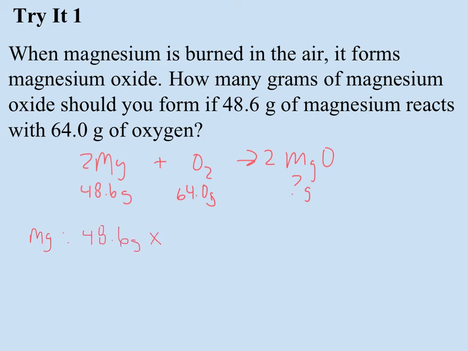So 48.6 grams of magnesium would be, 1 mole weighs 24.31 grams. So it's going to be right around 2 moles, 48.6 divided by 24.31, 1.999, so I'm going to go ahead and round it to 2.00 moles of Mg.